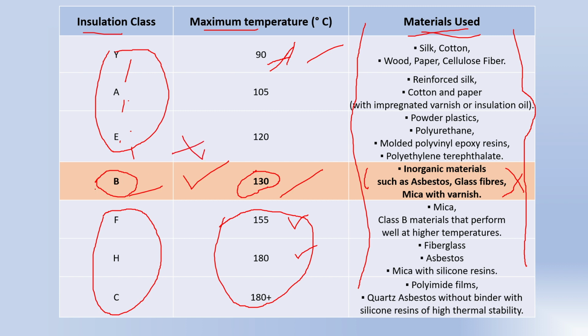So at least you should consider B or more than B. Going above B depends on where you are going to place and use that equipment. Based on that, you have to select insulation class F or class H.